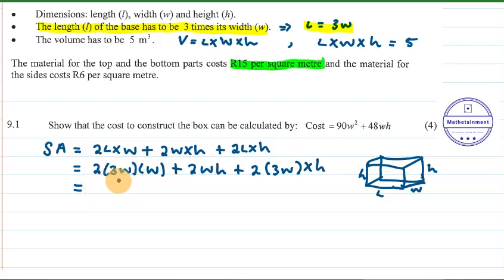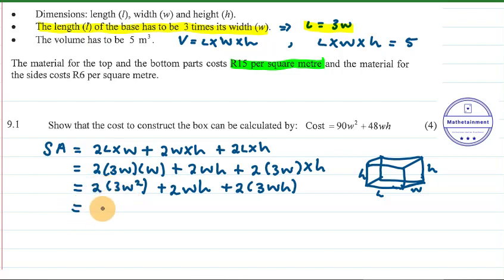Okay, let's start from here. If you get rid of this bracket, 3W times W ends up with W squared. So you have 2 times 3W squared, plus 2WH. Bring back this 2. If you say 3W times H, you come up with 3WH. Now you want to eliminate the bracket.